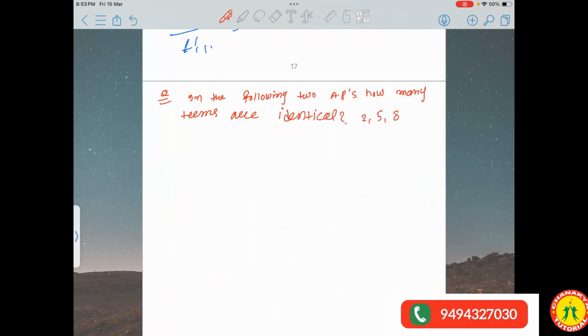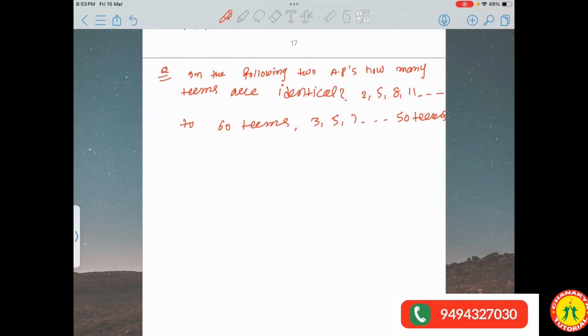The two APs are 2, 5, 8, 11 up to 60 terms, and 3, 5, 7 up to 50 terms. This is a famous question. Now, in the following two APs, how many terms are identical? You are asked for identical terms.